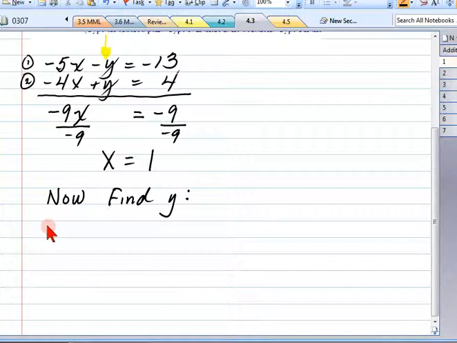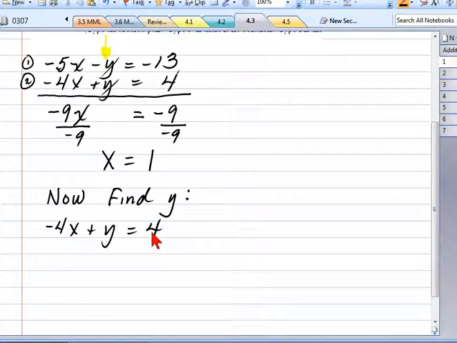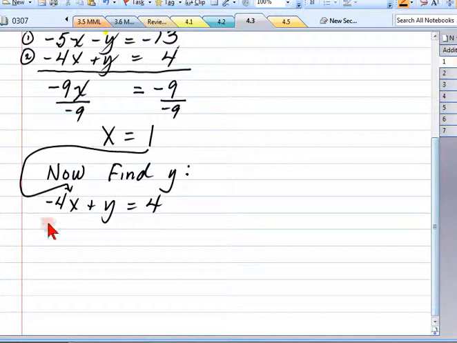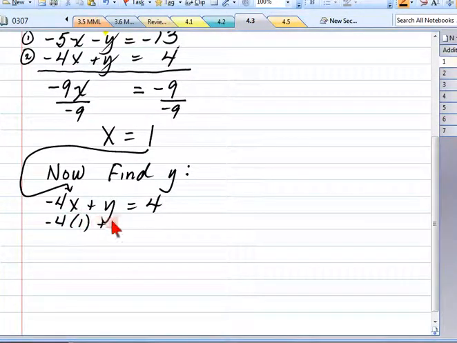All right, so if I pick negative 4x plus y is equal to 4, and you might write yourself a little note, it doesn't matter which one I pick. I'm going to take x as 1 and plug it in. That gives me negative 4 times 1 plus y is 4.